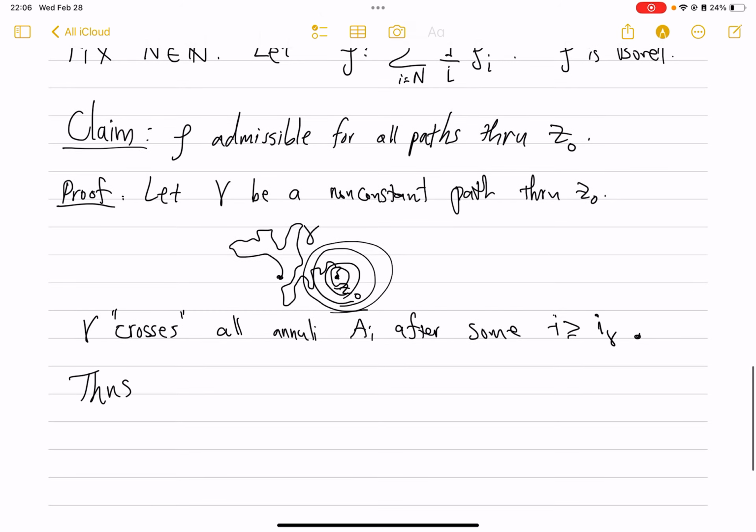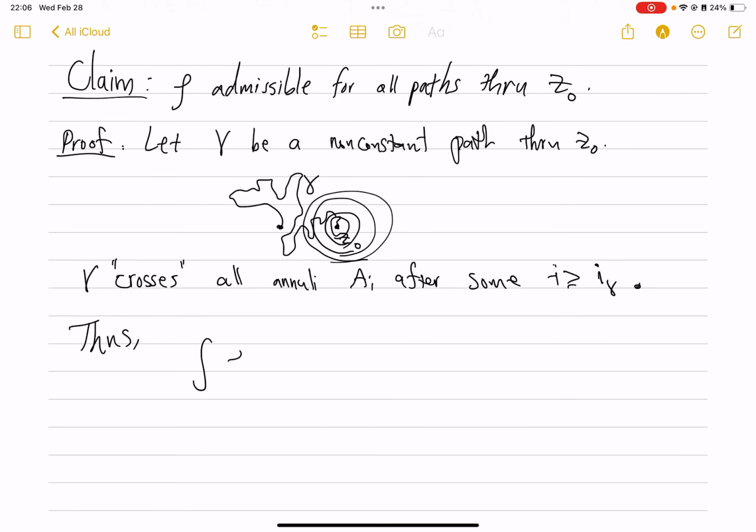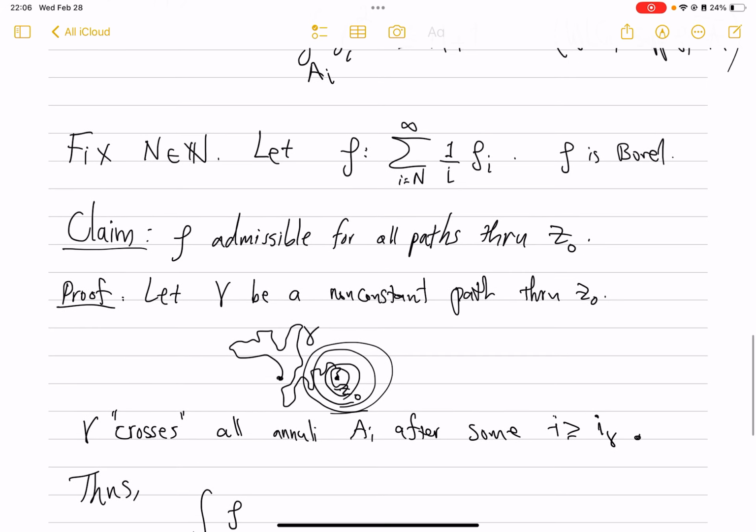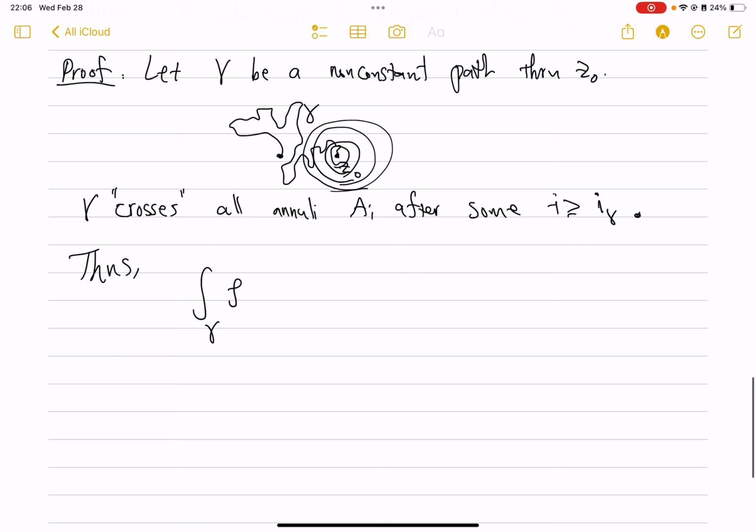Thus, integrating rho, this rho that we defined as a summation, over gamma ds will be bigger than, since the annuli are disjoint and the rho I's are supported on the annuli, so everything works perfectly, the sum from I gamma all the way to infinity of the integral of rho I over the subpath of gamma.